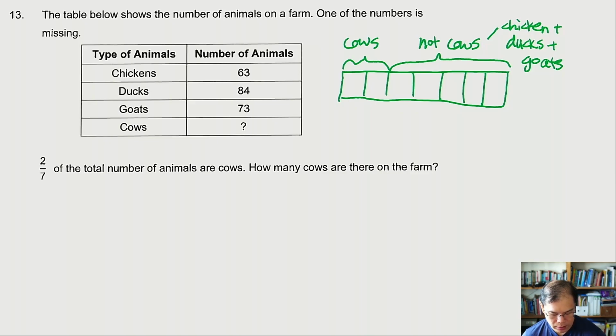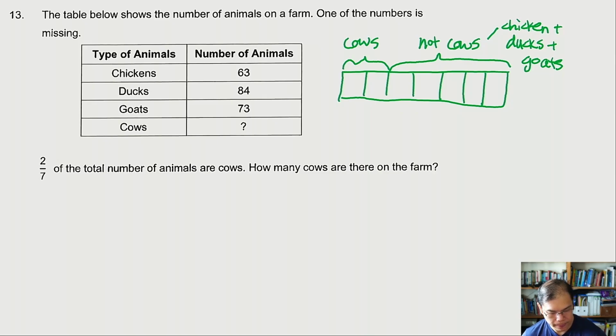Now, I don't have to know exactly how to represent the chickens, ducks, and goats in these 5 units here. I just know that altogether this must not be the cows. This must be the total number of animals that are not cows, which is the sum of the chickens, ducks, and goats.